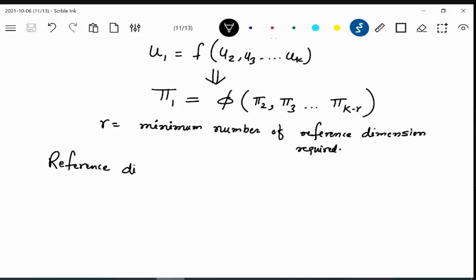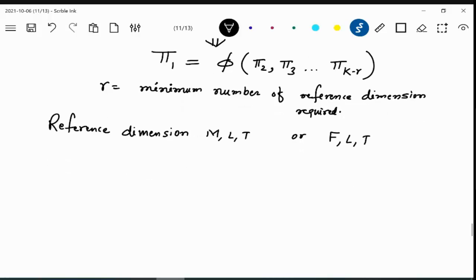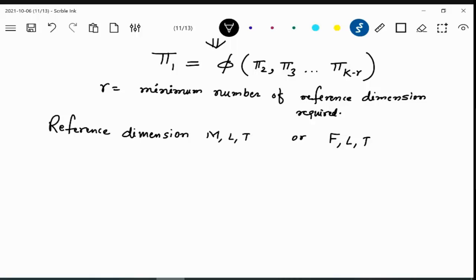We will be using two terms: one is basic dimension, another is reference dimension. Later we will explain the difference between these two. Reference dimension can be MLT or it can be another set, FLT. Now it is possible that in some cases you require only two reference dimensions, because the problem can be solved only in length and time dimensions, for example LT.